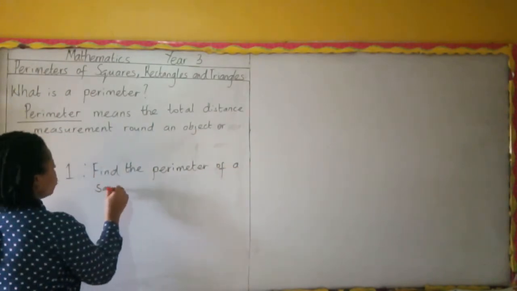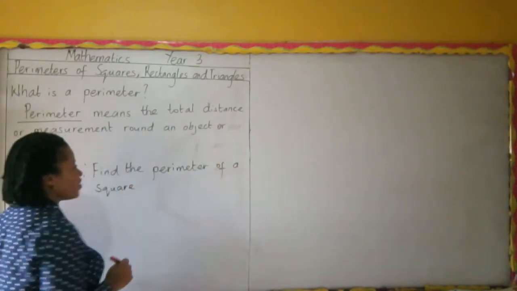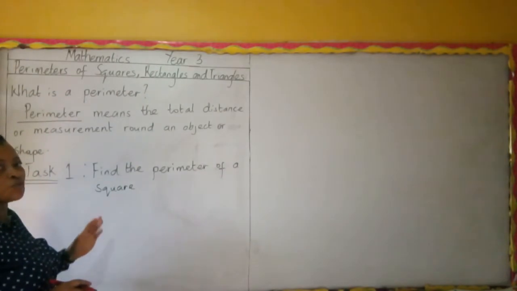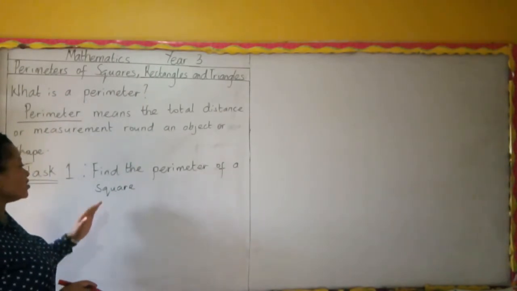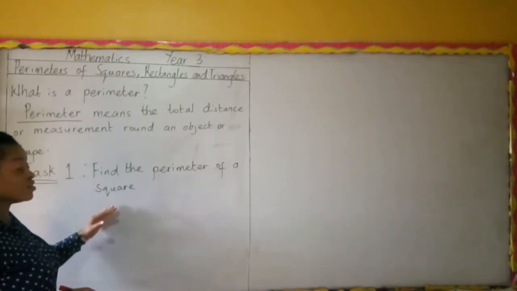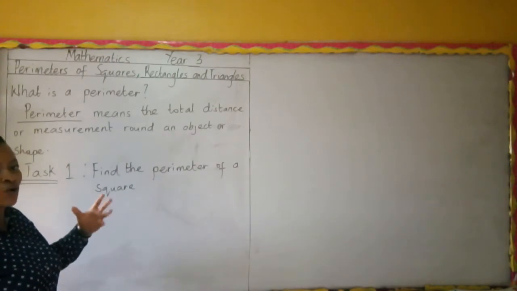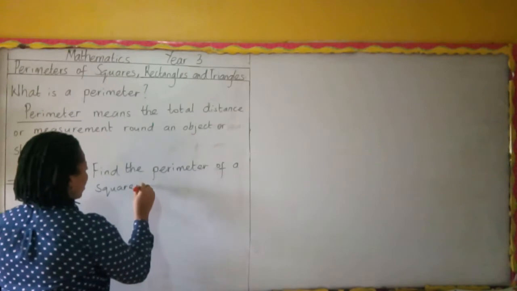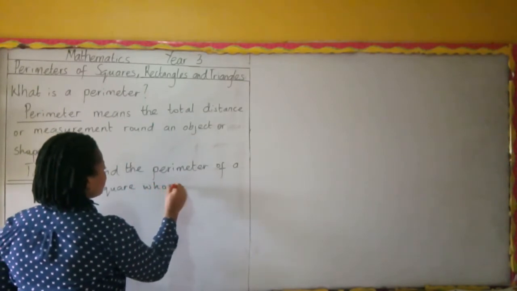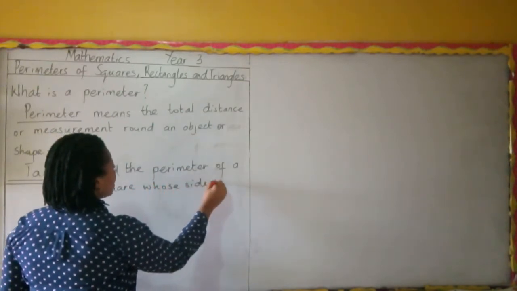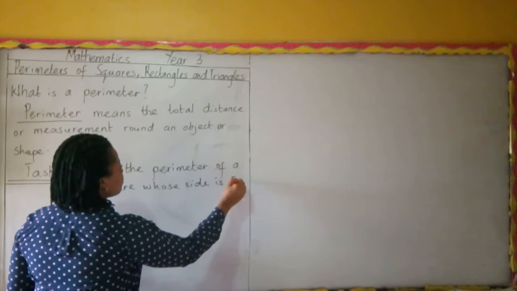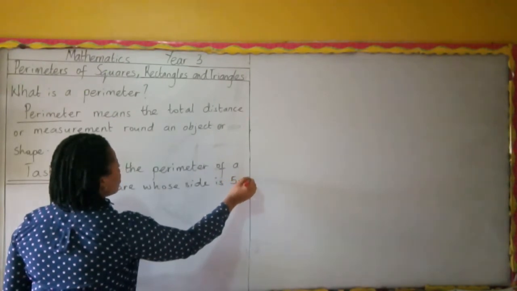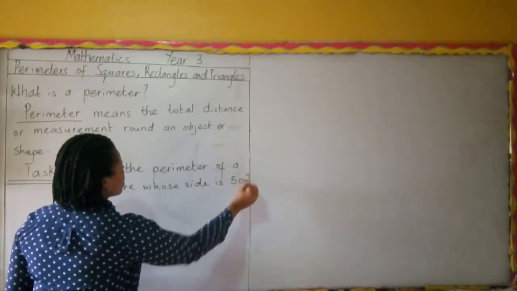It is assumed you know a square very well at this point because you are in grade 3. So the examiner or whoever asks this question has assumed that you know, and the assumption is correct. So find the perimeter of a square whose side is 5 cm.